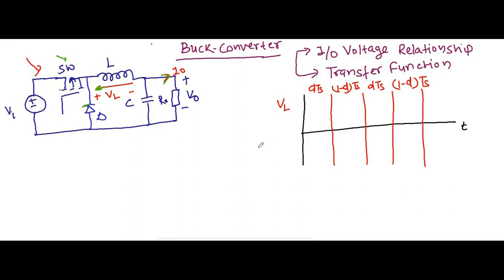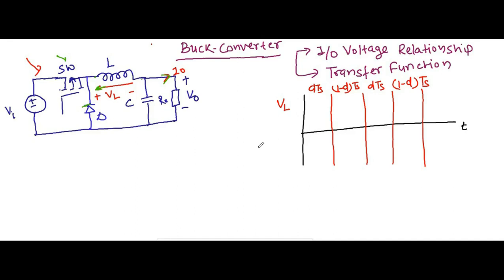That means I am measuring the voltage across the inductor using a DSO. The positive tip should be at this point, and the ground tip should be at this point. Let us see what the voltage across the inductor is.